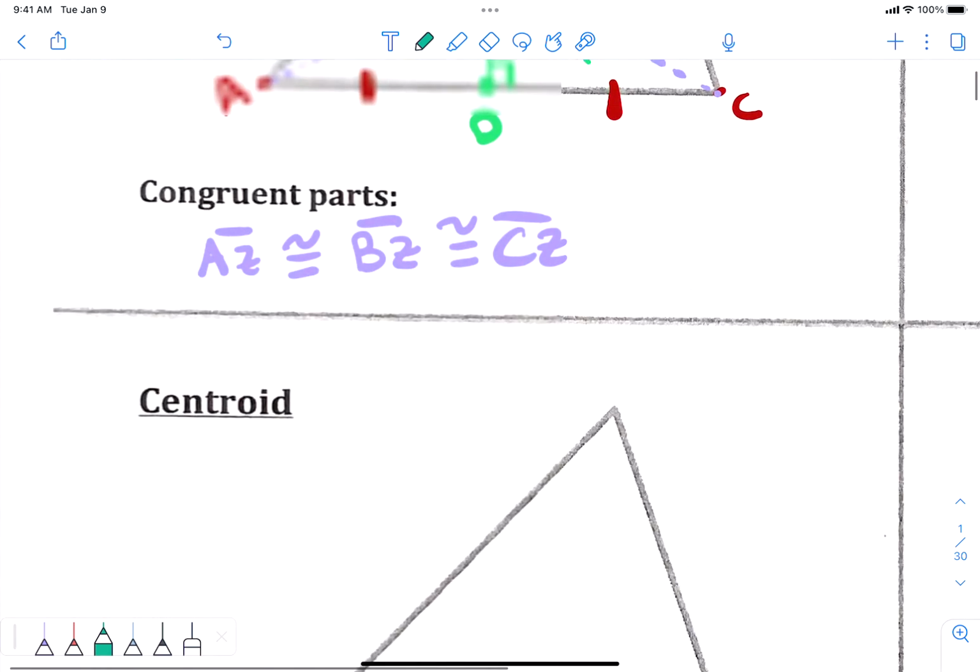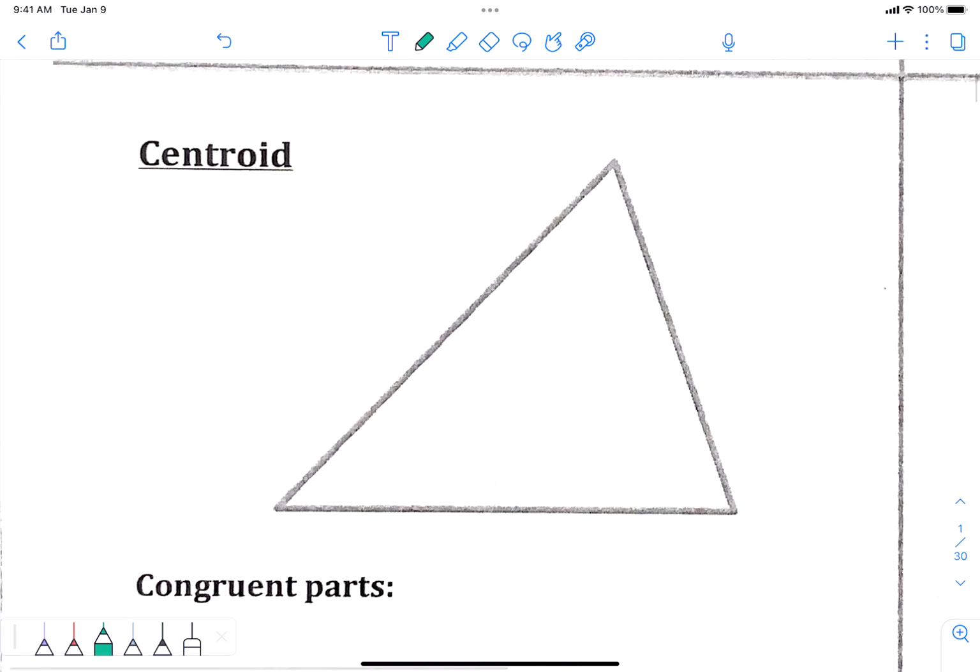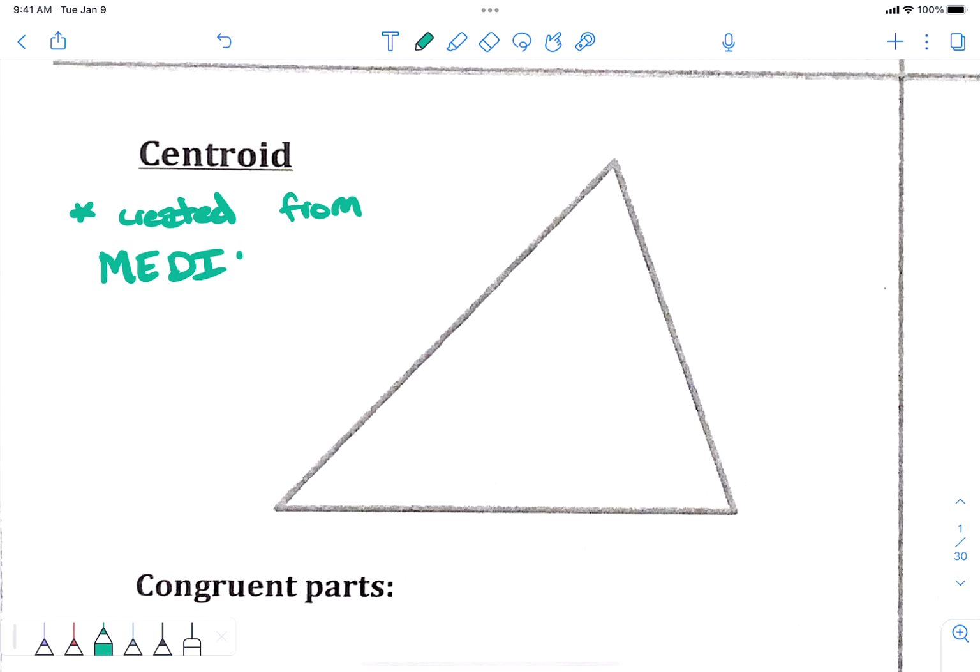Okay, down here when we talk about centroid, this one's probably my favorite of all four of them, just because he kind of has a fun little thing about him. So I'll show you that here in a second. But he is created from what's called the medians, M-E-D-I-A-N-S. And you guys have heard the word median before when we talk about data.